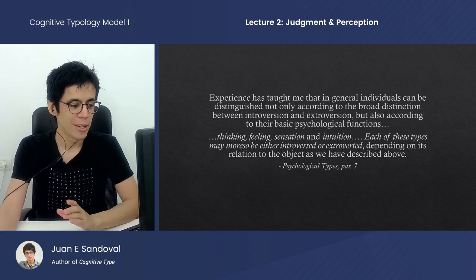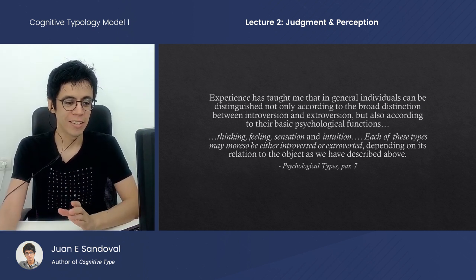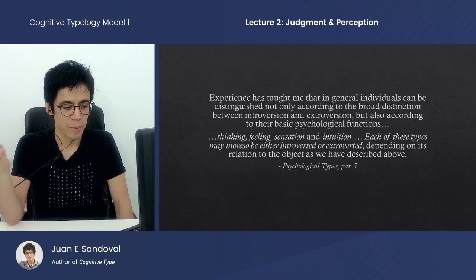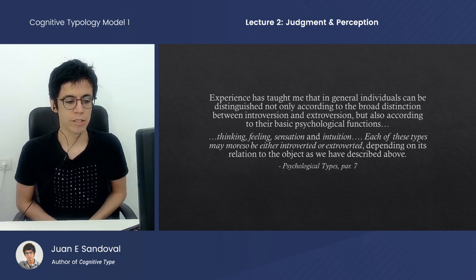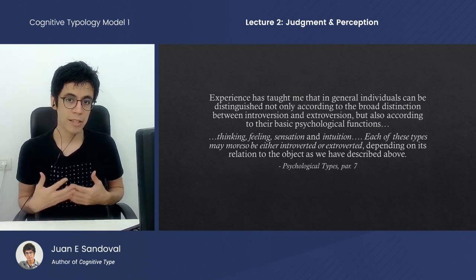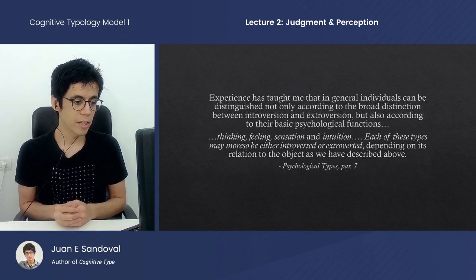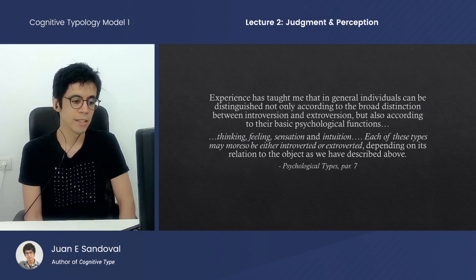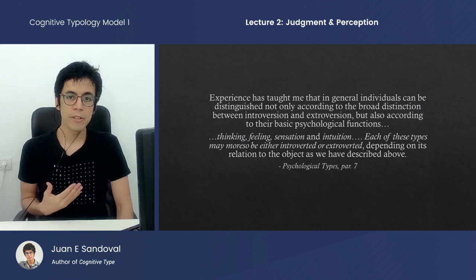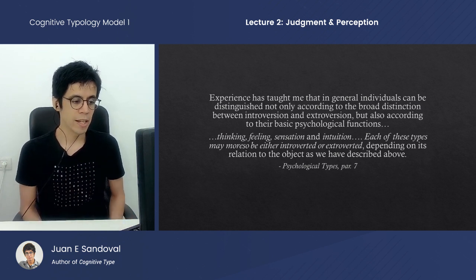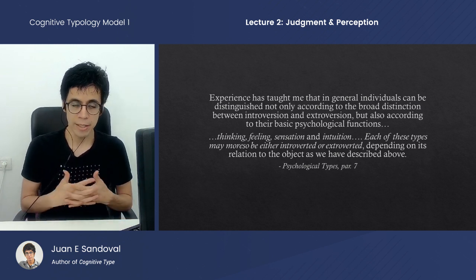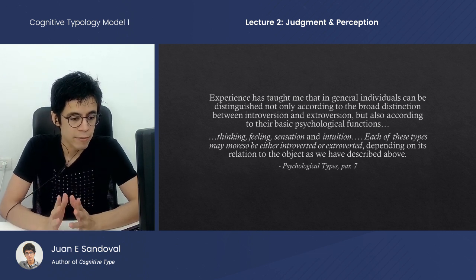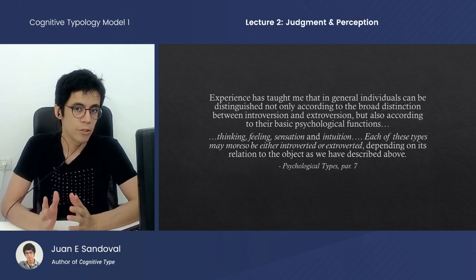So first of all, I love how Carl Jung says here, experience has taught me, as a kind of disclaimer. So those of you who've read Psychological Types know that Carl Jung based his theory on the impressions that he gathered from decades of clinical practice. And he had to defer to that personal experience as his main argument when writing this book, which he knew was not ideal or scientific, but it was the best he could do.